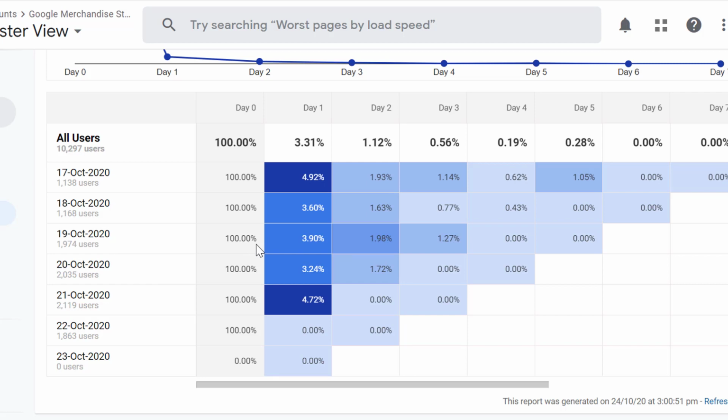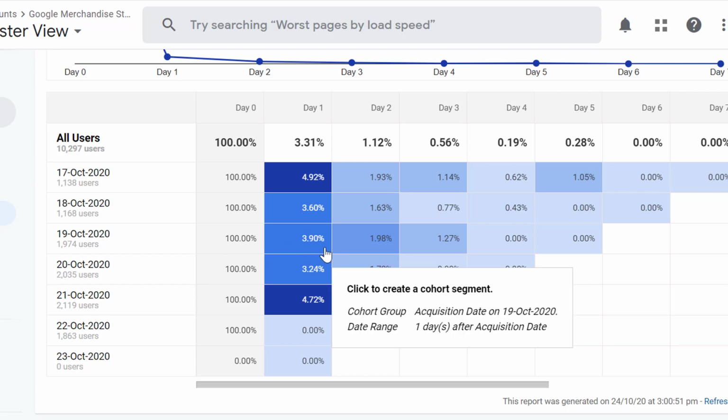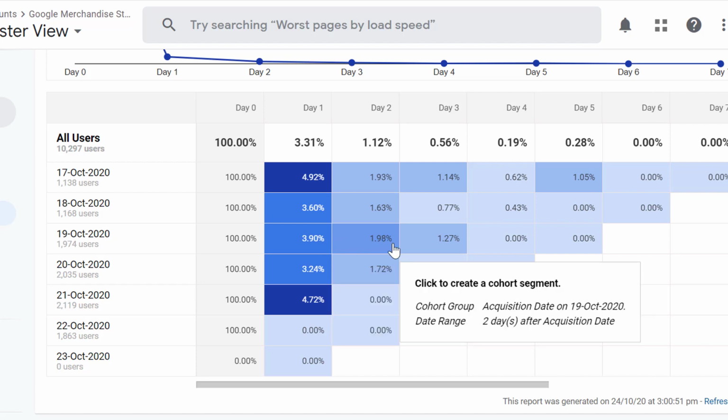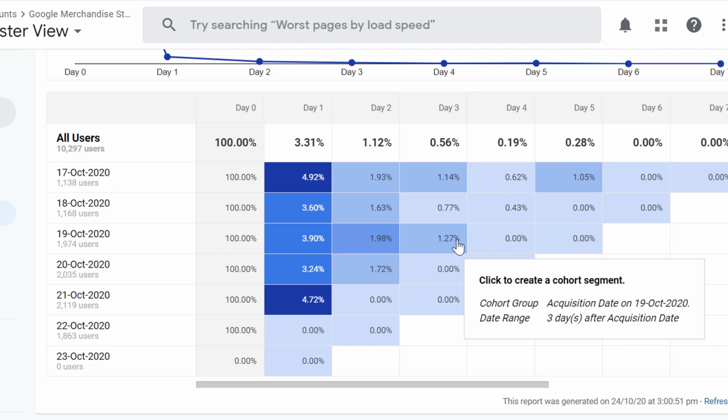Out of these 100%, only 3.90 revisited my website on day 1, which is the day very next to day 0, and then 1.98 on day 2 and 1.27 on day 3. This is how you read this particular data.